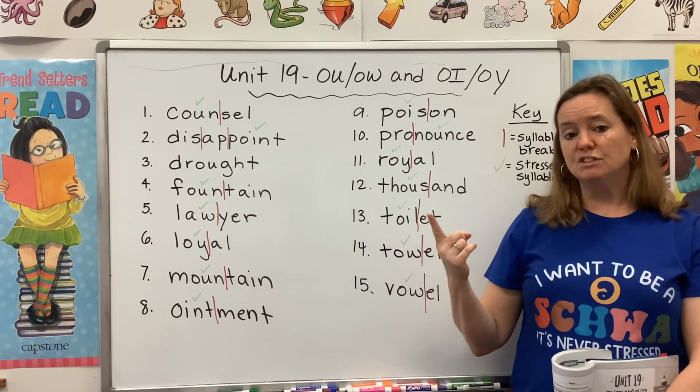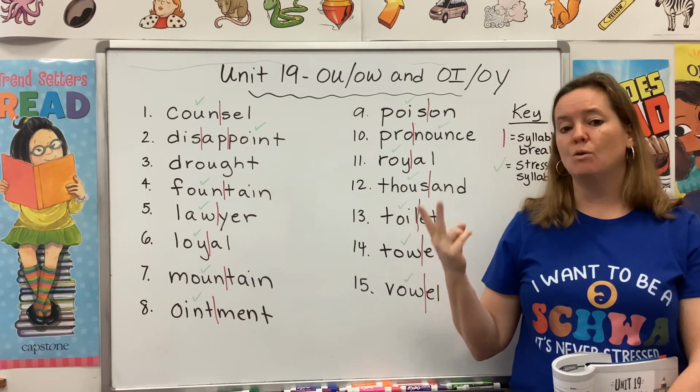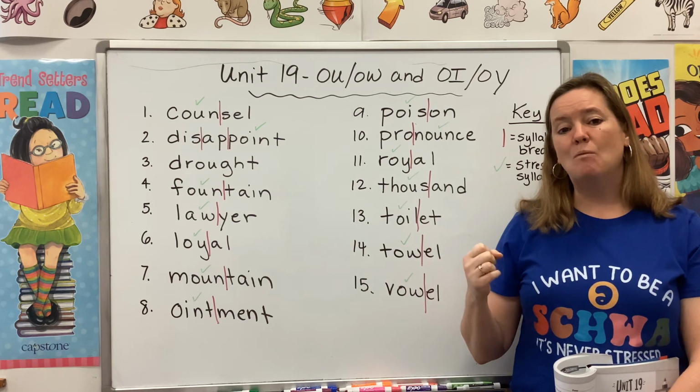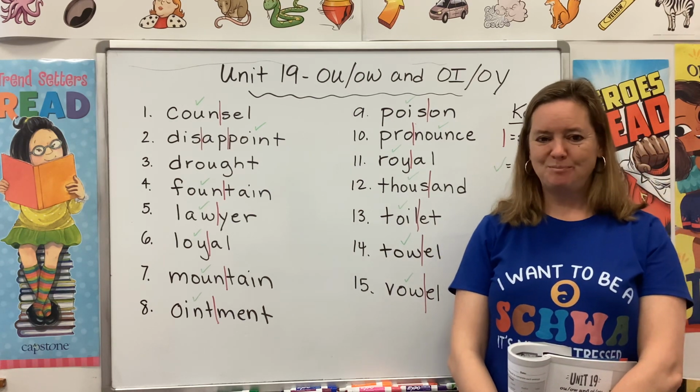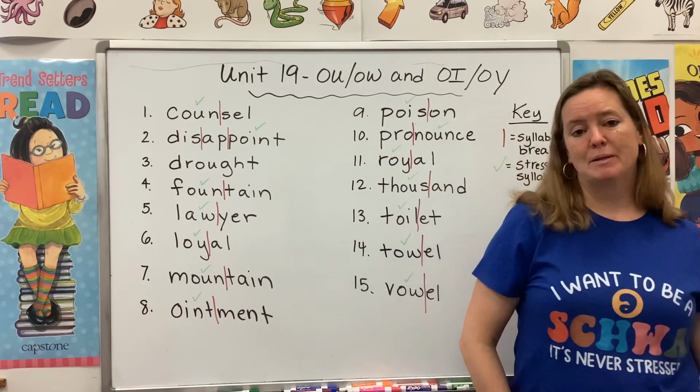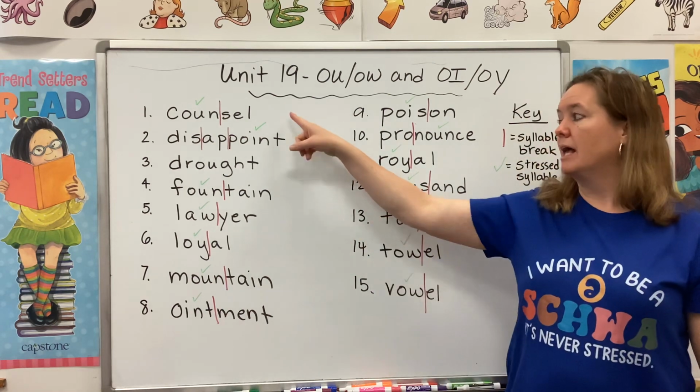Okay, so I want you to think about that as we read through our list. I want you first to listen for the ow or oi sound, and then I want you to notice the position of those vowels. All right, so let's begin. Please repeat after me.